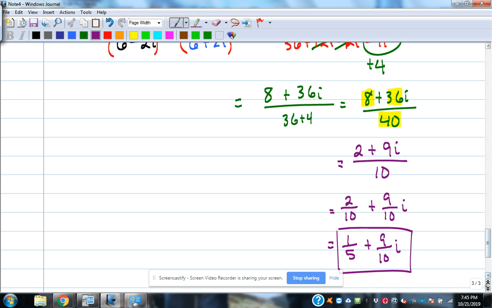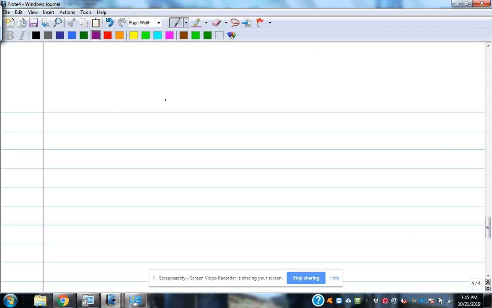All right. So problems, suggestions for the sections. The first section, 1 through 37, odd. The second section, 45 through 85, odd.